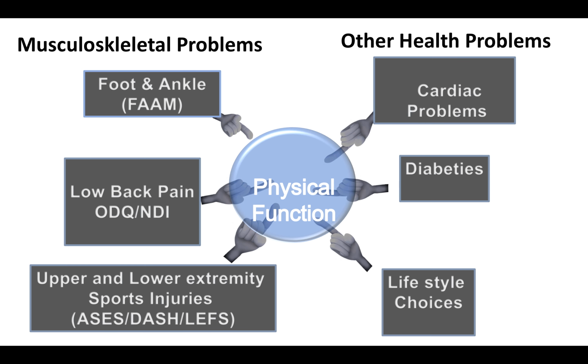So the PROMIS scales take a different approach. Instead of making it disease specific, they just ask the question, independent of all of these different problems, how's the patient doing on that primary symptom or metric, and in this case, physical function. And you could see how this could be extended to pain interference or self-efficacy or anxiety or other health-related symptoms.